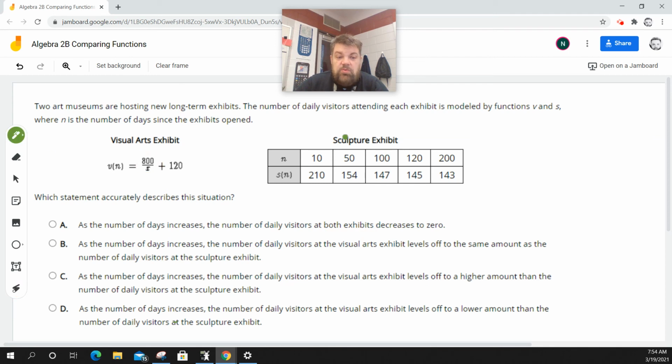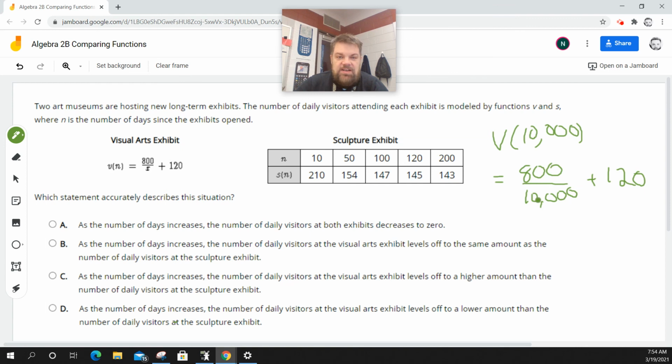If I consider a really big n, let's say v of 10,000, then that would equal 800 divided by 10,000 plus 120. Now, as the number of days goes on, this almost approaches 0.